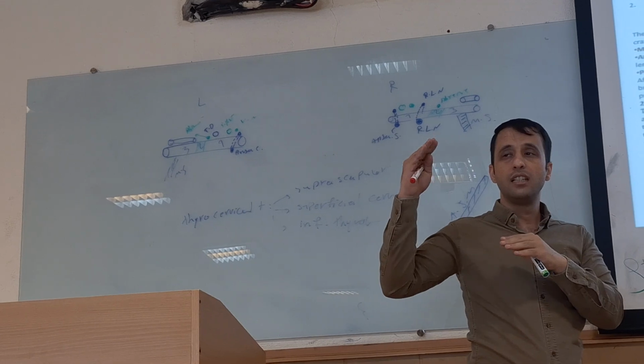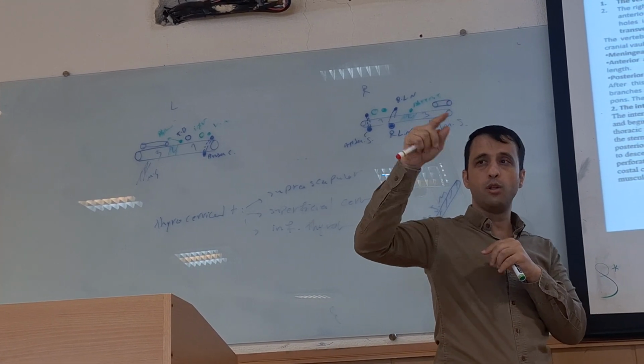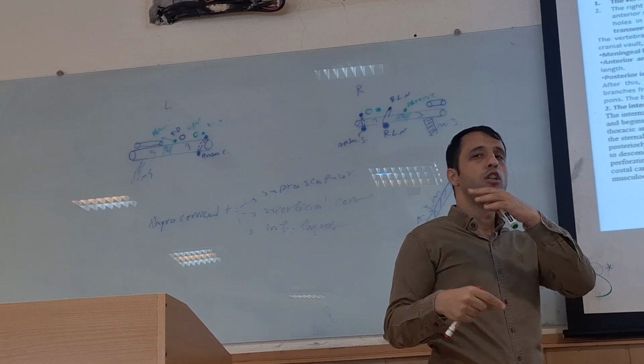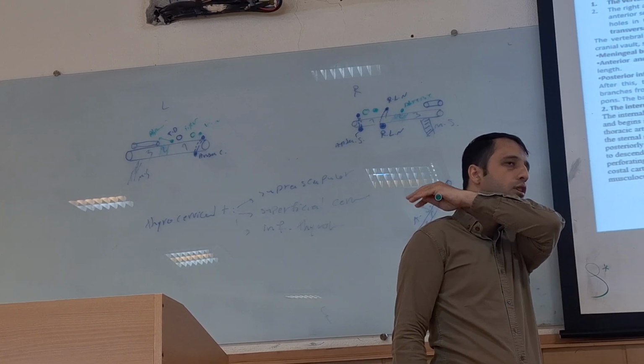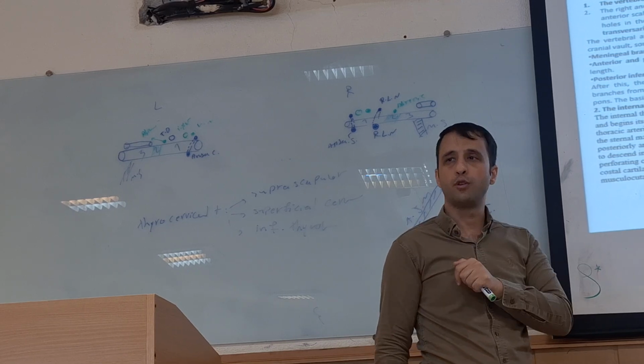Then it travels superior to the suprascapular foramen to supply the muscles in the supraspinous and infraspinous fossa.